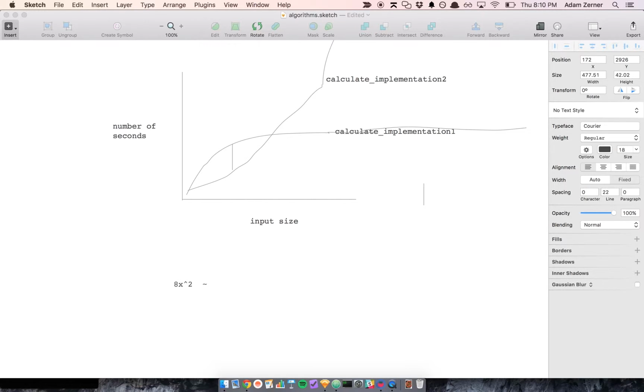And you also drop off the coefficient before the highest order term. So you would say that 8x squared plus 3x plus 7 is approximately x squared as x tends to infinity. And actually, let's change this to n here.